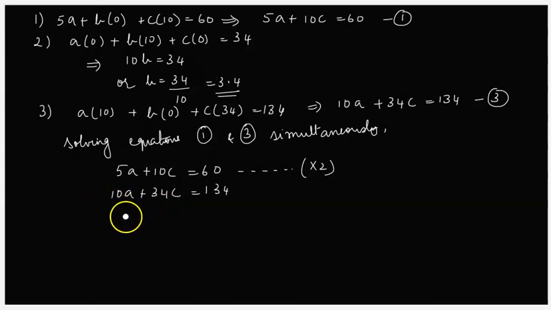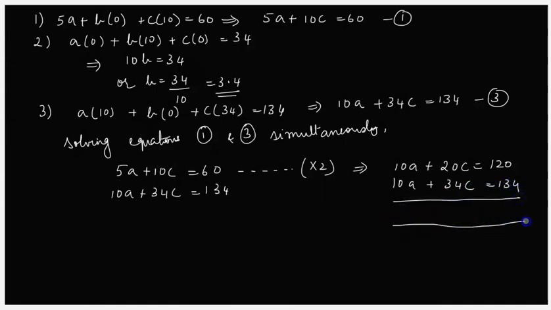So when we subtract, a will vanish and we'll get the value of c. So simplifying, we will get 5 into 2 is 10a plus 10 into 2 is 20c is equal to 60 into 2 is equal to 120. And then you write this equation below, 10a plus 34c is equal to 134.